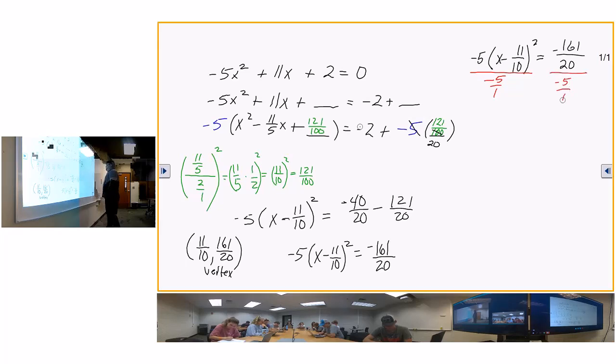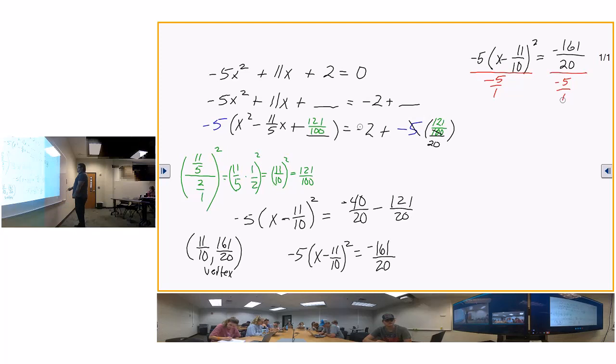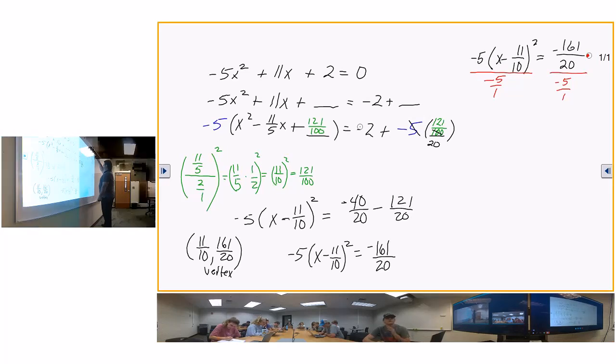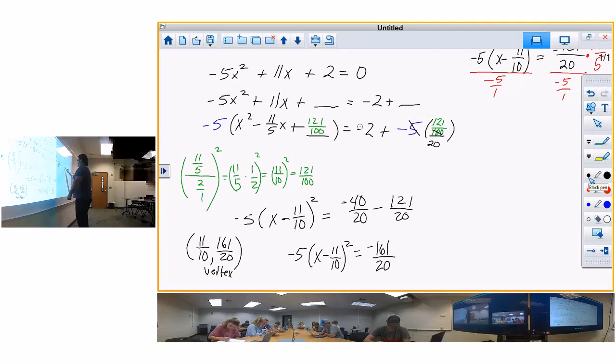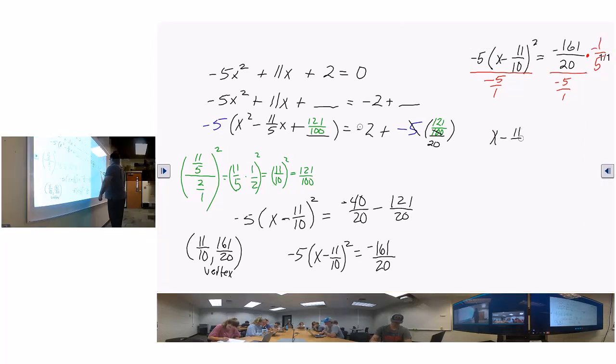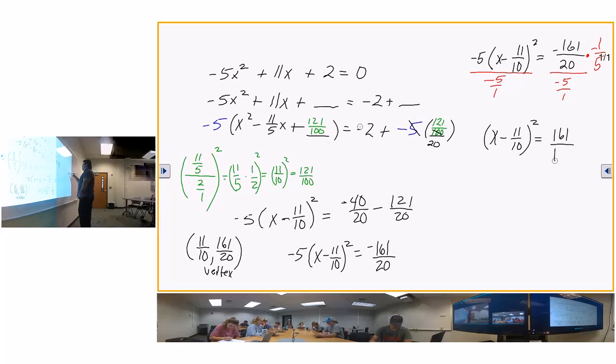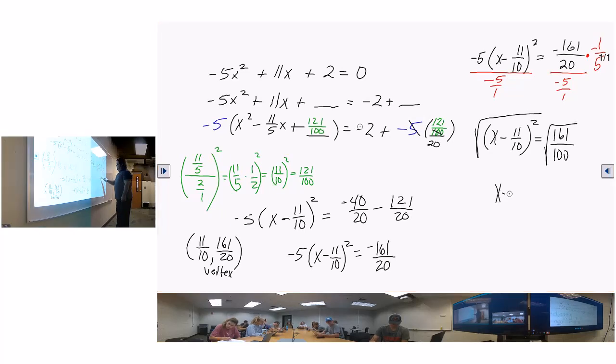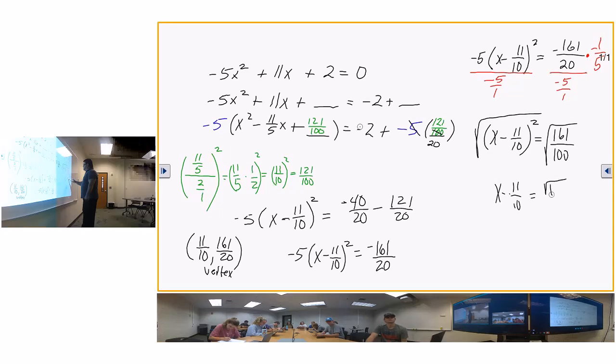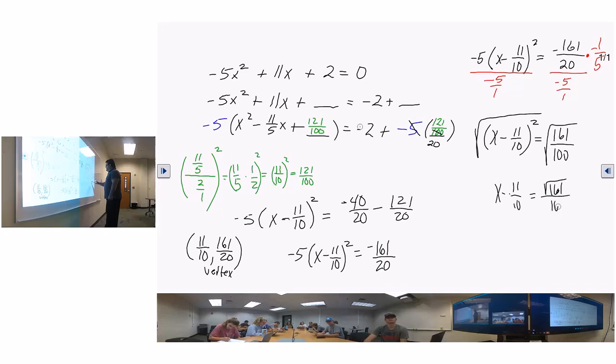What do you do when you divide by a fraction? Multiply by the reciprocal. And that's going to give us (x - 11/10) squared is equal to positive 161 over what? 100. Take the square root of both sides. x - 11/10 is equal to the square root of 161 over 10.